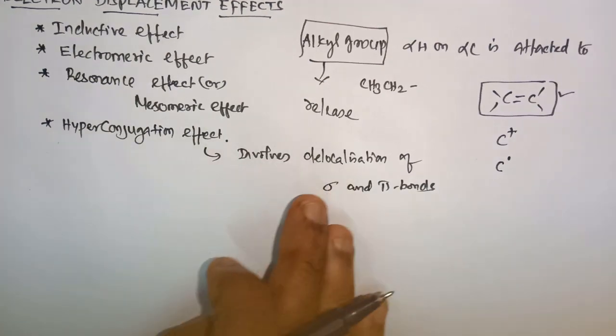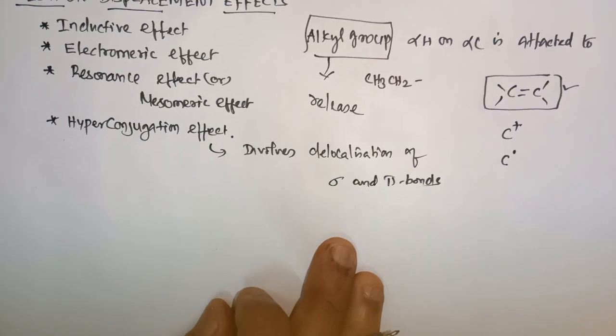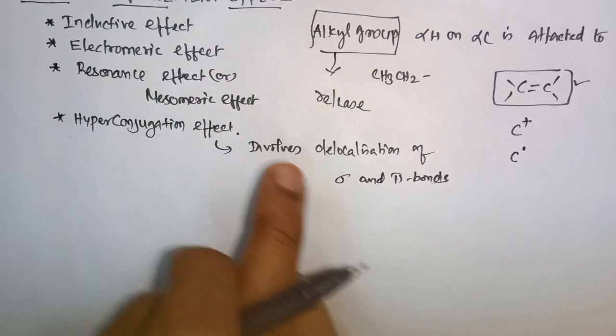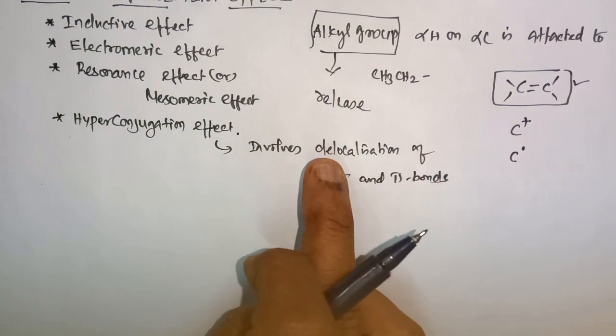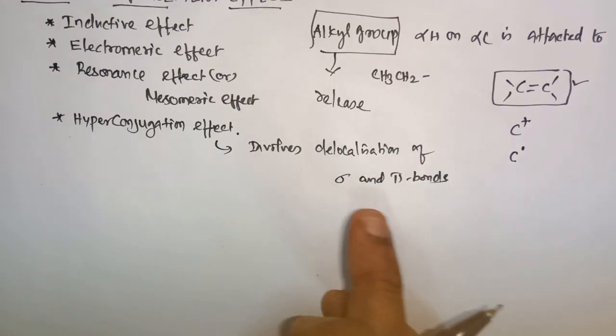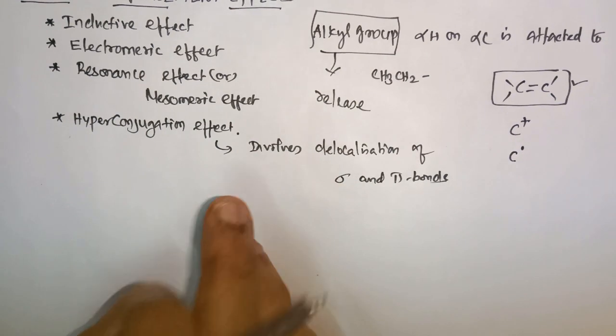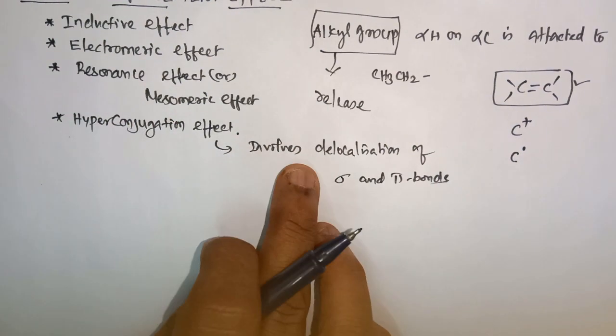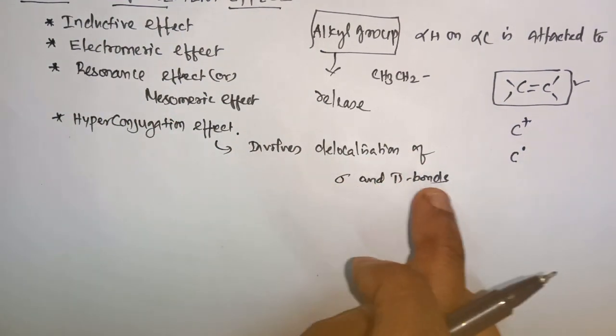If I go for a resonance structure, the delocalization happens only between pi bond electrons. But in the hyperconjugation effect, it involves the delocalization of sigma and pi bond electrons.